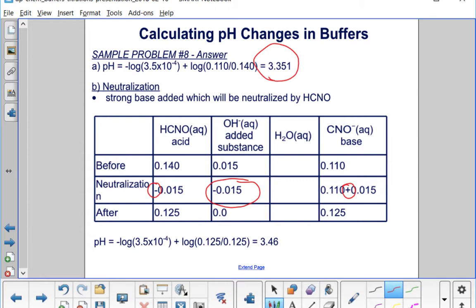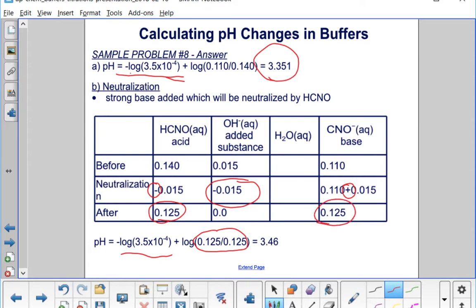Once we know our amounts after neutralization, we can use the Henderson-Hasselbalch equation to find the pH. Of course, this first term stays the same, just the pKa, or the negative log of the Ka value, plus the log of the concentration of base over acid. So we see here that we're using our new values for the concentration of base and acid.